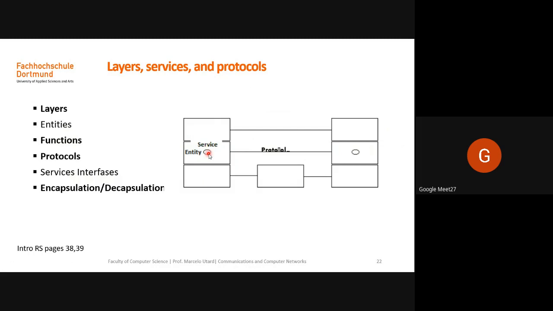In that way, the upper layers can send their messages, typically called protocol data units, and they bring the message to the lower entities until the lowest layer entity can transmit the protocol message across a physical link.